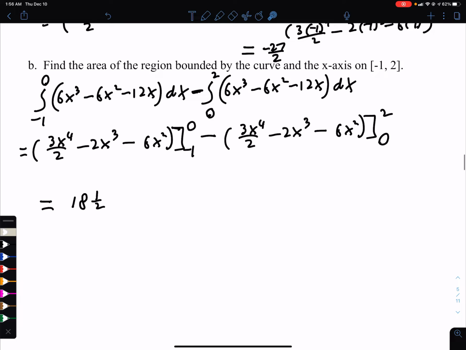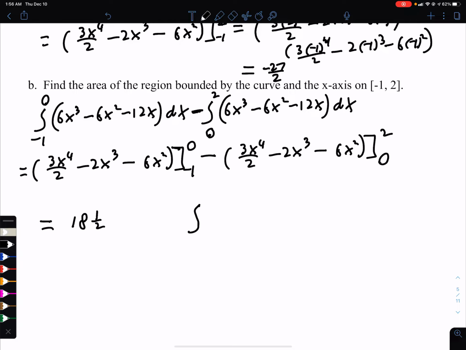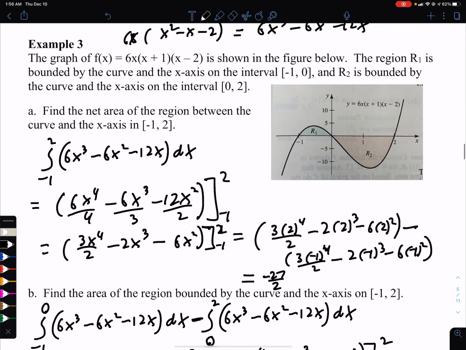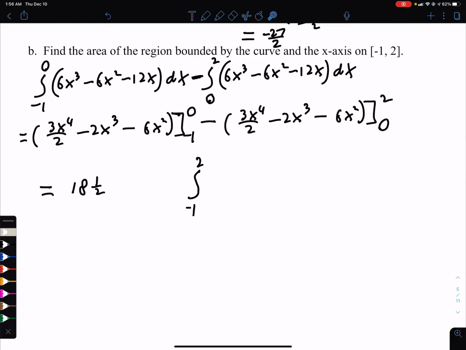But how would I write that? So what's going on here? It's actually the integral from -1 to 2. But to make this positive, how do I make it go on top? I do the absolute value. So this is how I could write it if I want to.